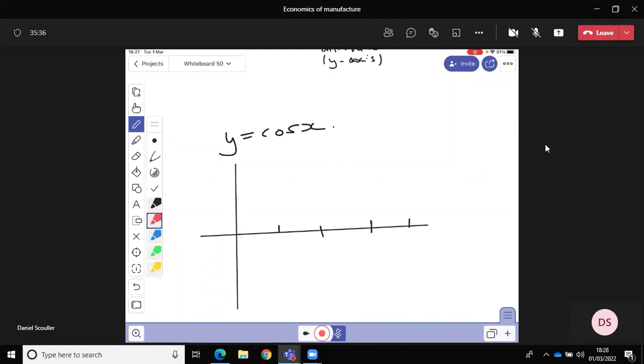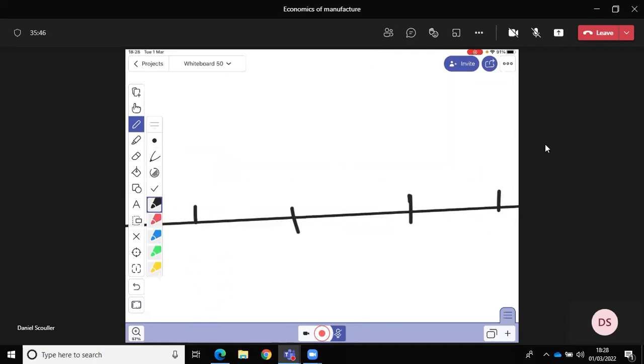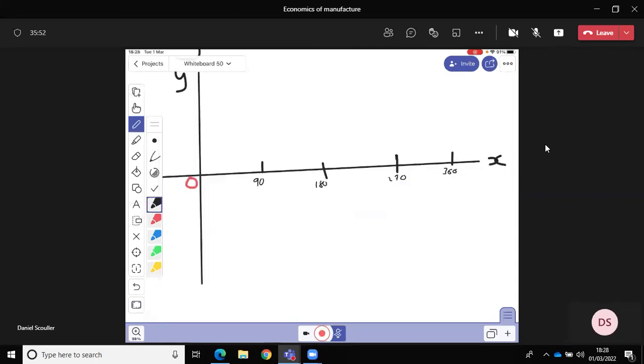Your 0 point, your origin, is 0, 0. 0 on the x-axis, 0 on the y-axis. Your key milestones, 90, 180, 270, 360.